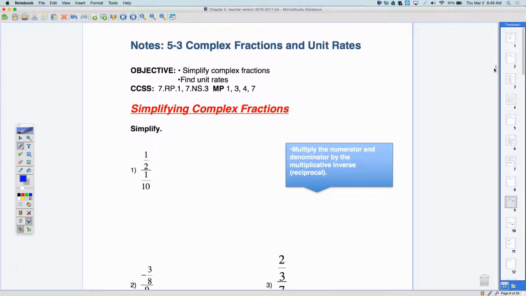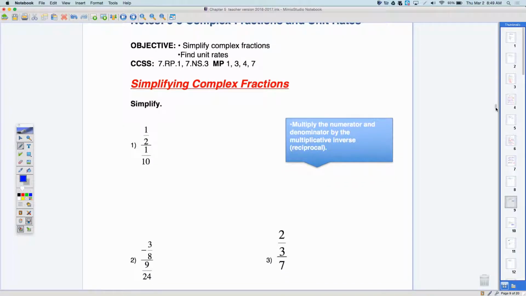We have 1/2 over 1/10. The blue box says that you multiply the numerator and the denominator by the multiplicative inverse or the reciprocal. So in your complex fraction, your numerator is 1/2, your denominator is 1/10. You want to multiply the denominator and the numerator by 10 over 1.